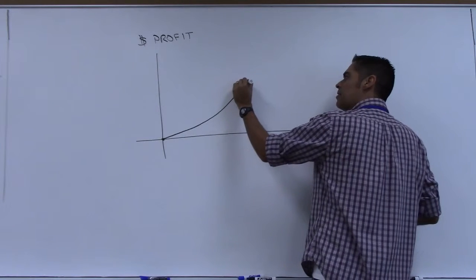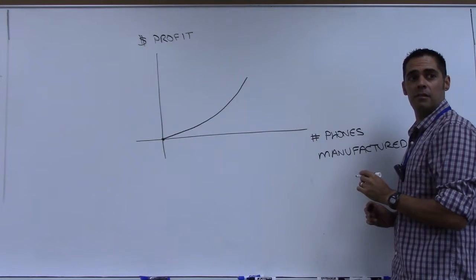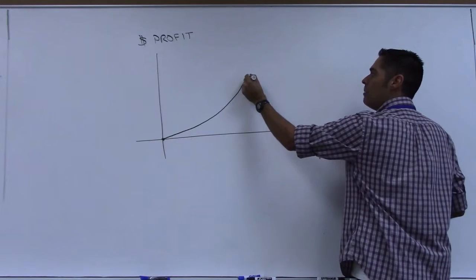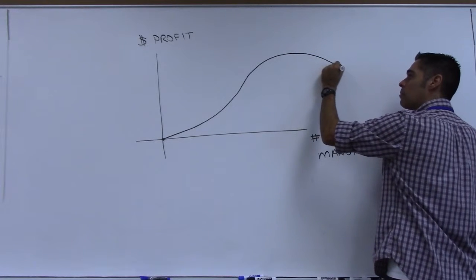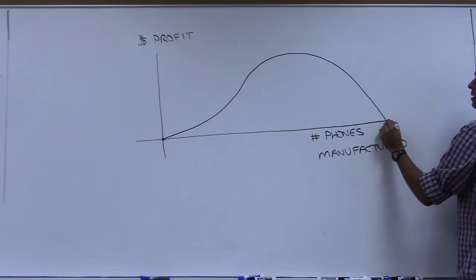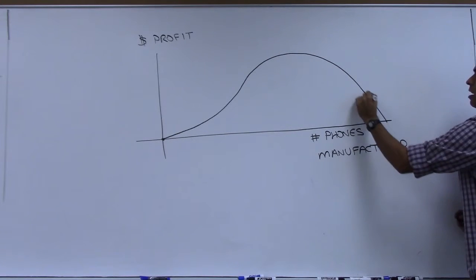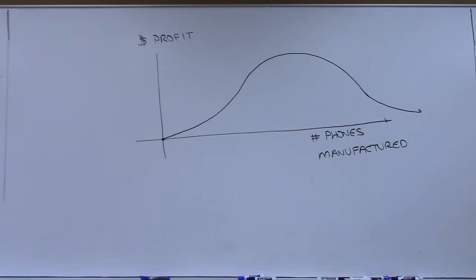But then there's going to be some point at which I have more phones than I'm selling, right? And so I'm actually going to not make as much money, and then at some point my profit will actually come down, right? Let's just say maybe this tapers off towards 0, all right, instead. That might be a good model of what's happening, maybe.